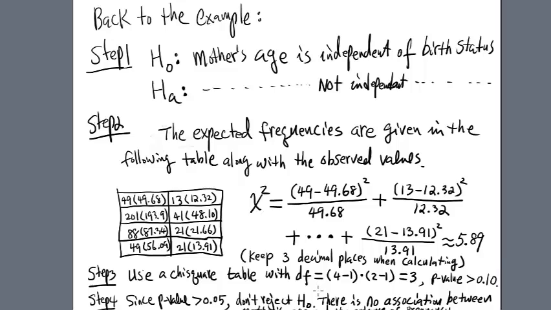And step 4, since the p-value is greater than 0.05, we don't reject H0, and we say that the test is non-significant. We conclude that there's no association between mother's age and the outcome of pregnancy.